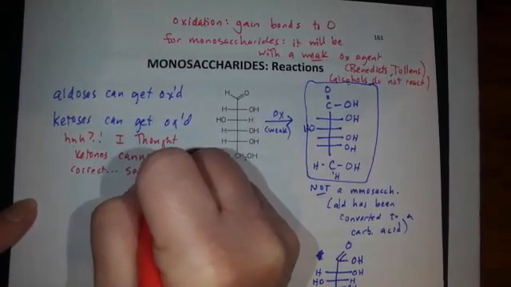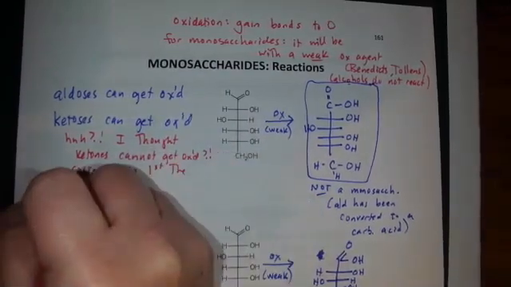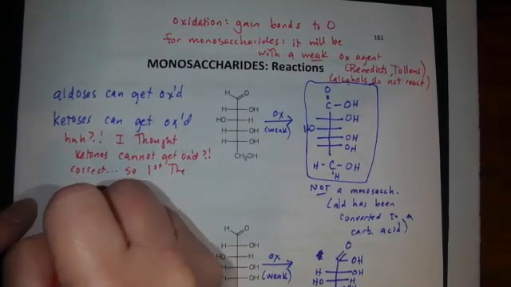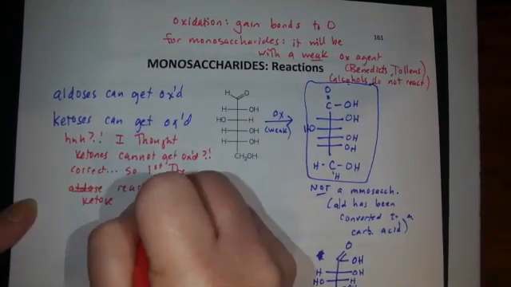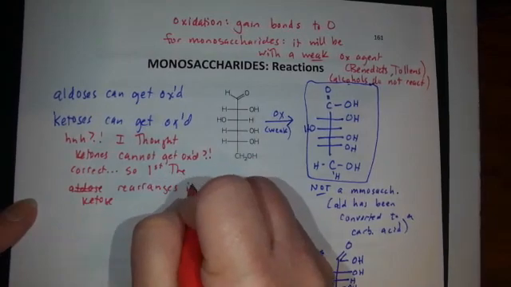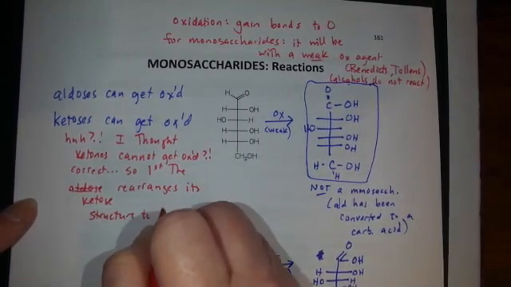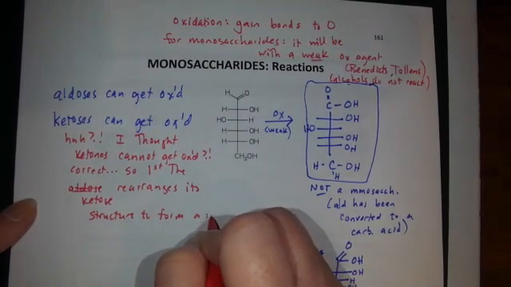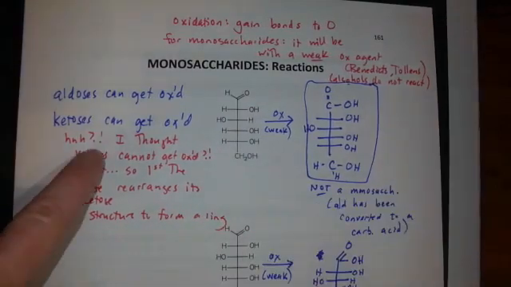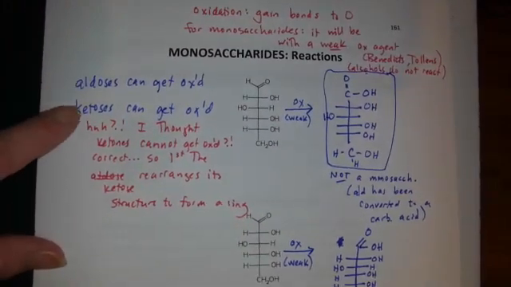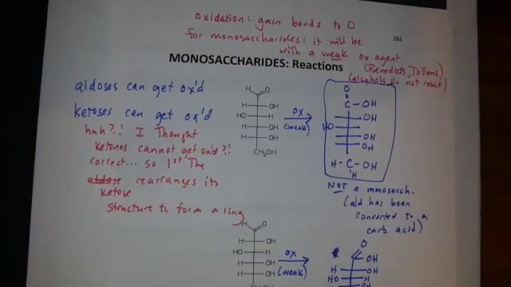So first, the aldose to ketose rearranges its structure. So this is the reason. You don't need to know the reason, but if you're curious, this is the reason. What you do need to know is that aldoses can get oxidized and ketoses can get oxidized.